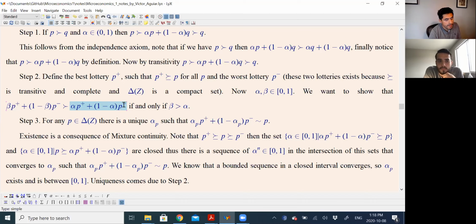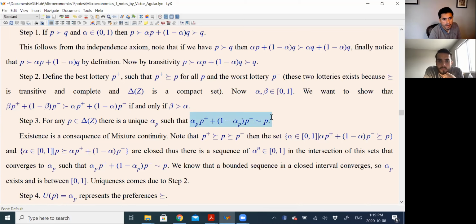Because of that, they cannot both be indifferent at the same time to p. So uniqueness follows from step 2, which is this obvious observation, and existence comes due to continuity that allows this sequence to have a limit.